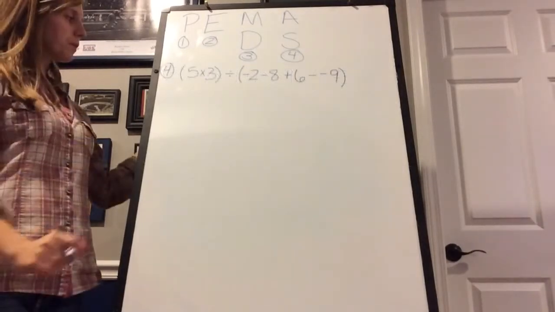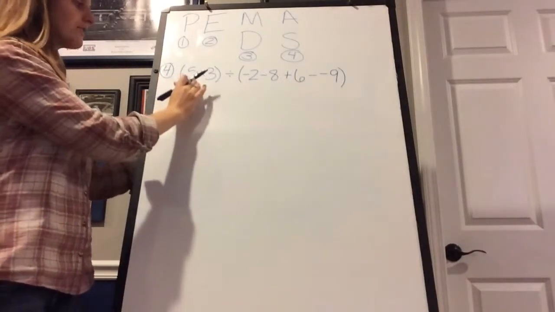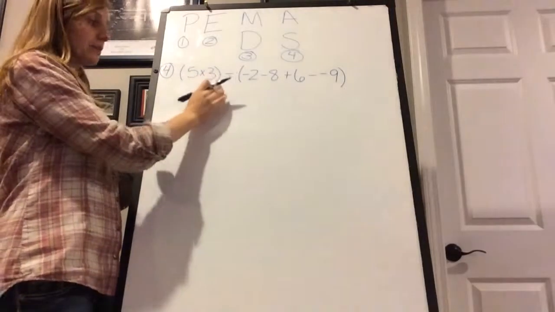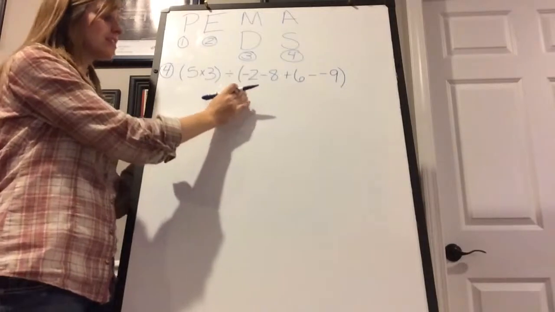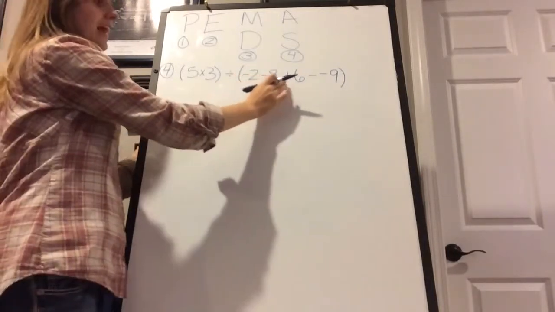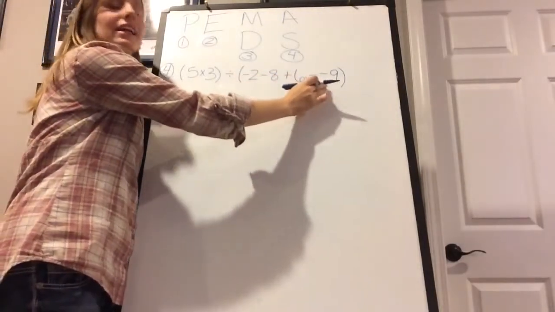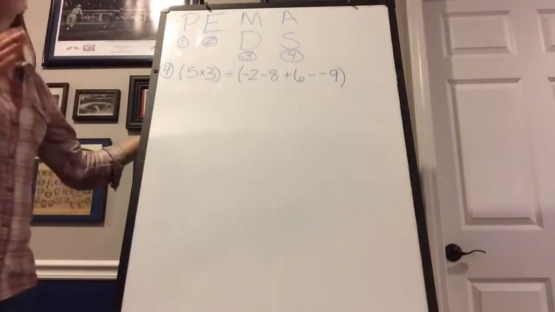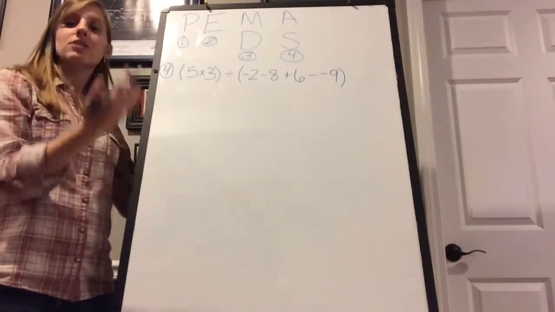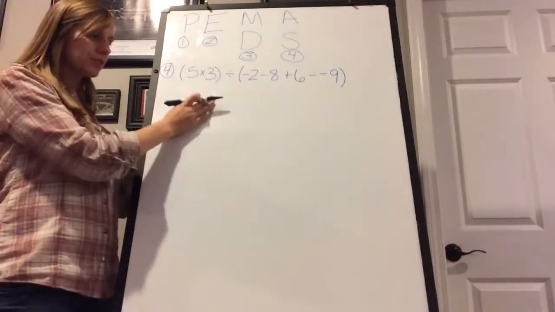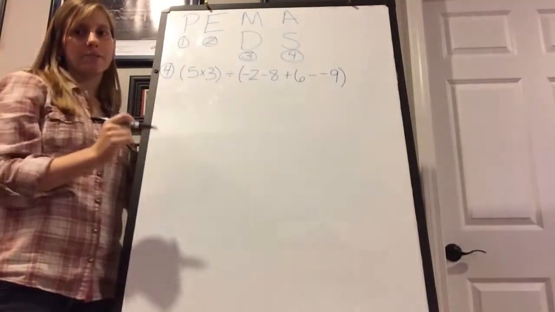For problem number 4, we have parentheses 5 times 3, and then we end the parentheses divided by another set of parentheses, negative 2 minus 8 plus 6 minus negative 9. Now, when you have two sets of parentheses, you work it from left to right. Do the first set of parentheses first, and then the second set of parentheses.